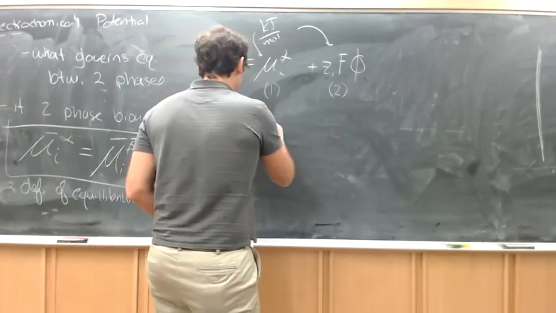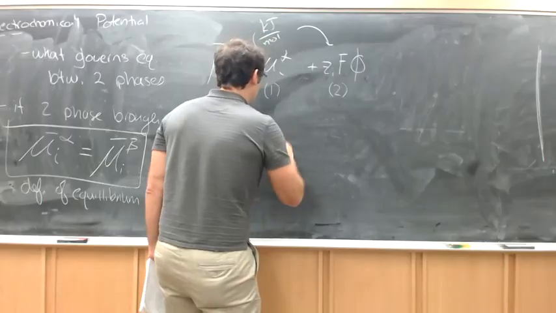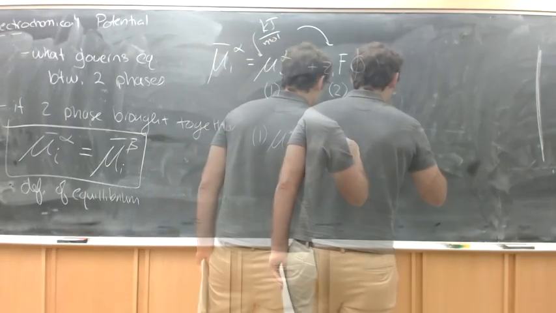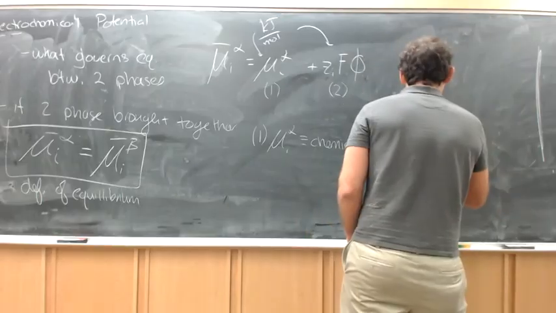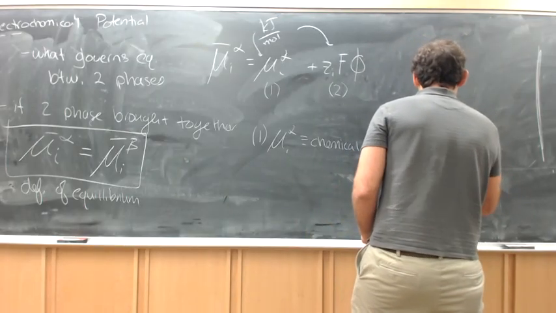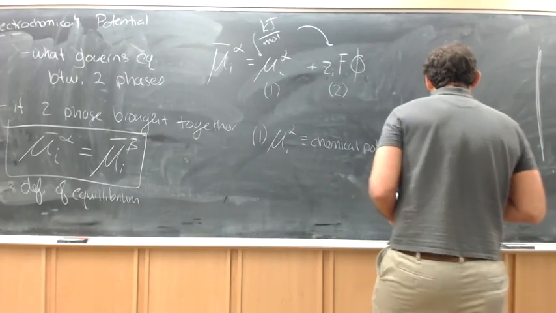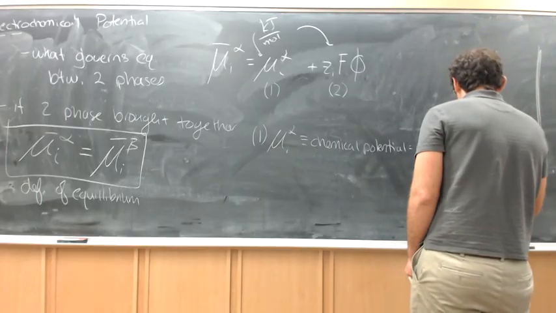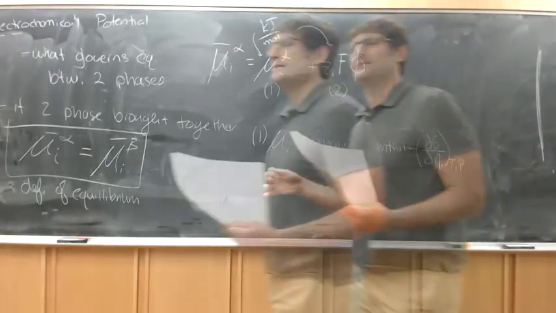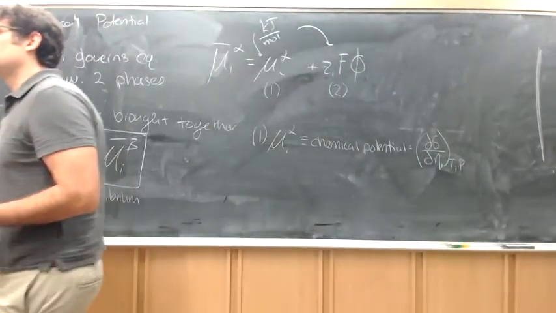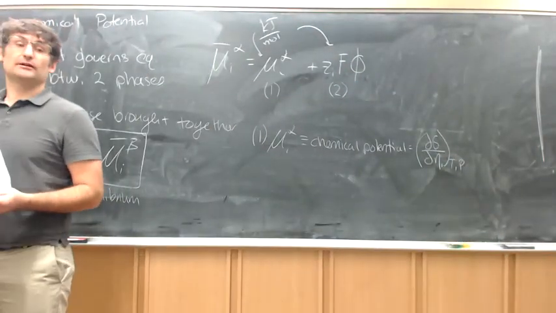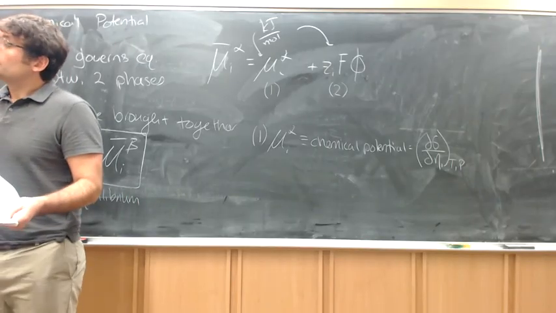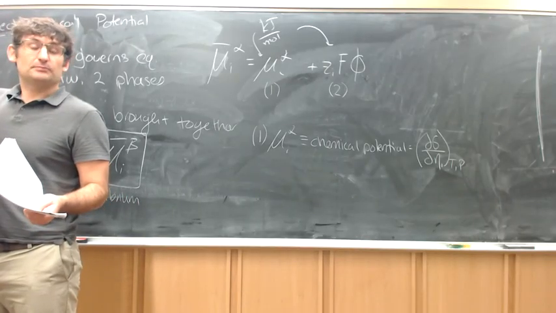Term 1, as we wrote earlier, mu i of alpha, is called the chemical potential, and it's given by the partial derivative of free energy with respect to the molar quantity of species i at constant temperature and pressure. So what does that mean? If I have a boundary, say between silver and silver plus in the electrolyte, I can take a little bit of silver and make silver plus, if I can put those electrons somewhere.